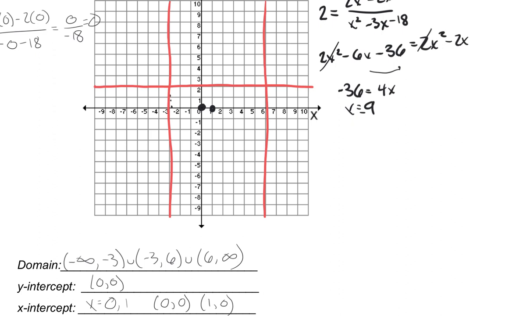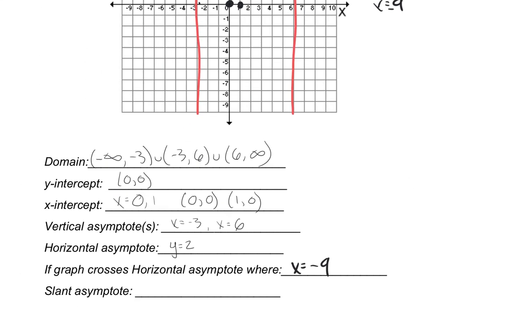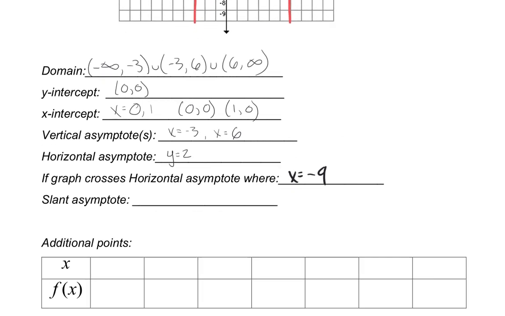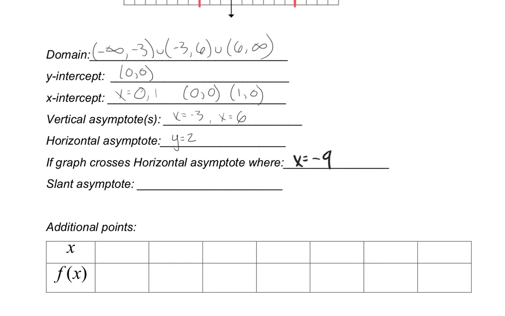All right, so now we need to plug in some points. I'm just going to fill in this table real quickly. I'm going to plug these into my function, y equals x times x squared minus 2x, divided by x squared minus 3x minus 18, and then go to my table.